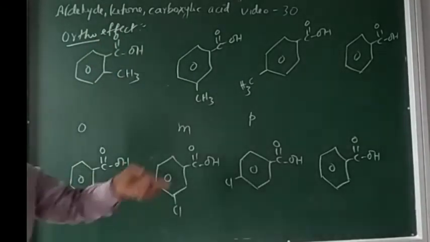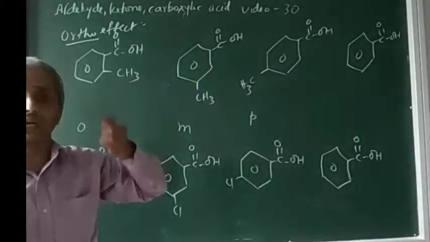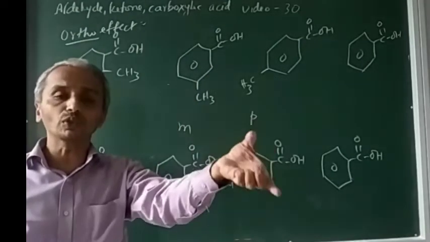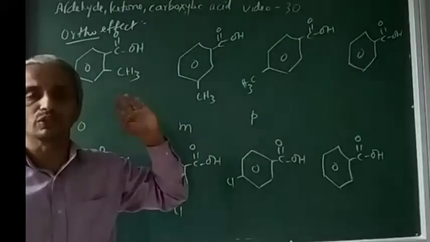So due to the ortho effect, when an electron donating or electron withdrawing group is present at the ortho position, there will be a higher acidic strength for the benzoic acid.